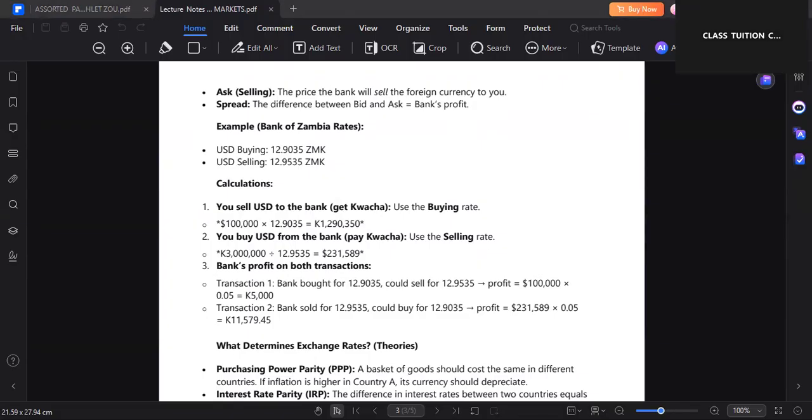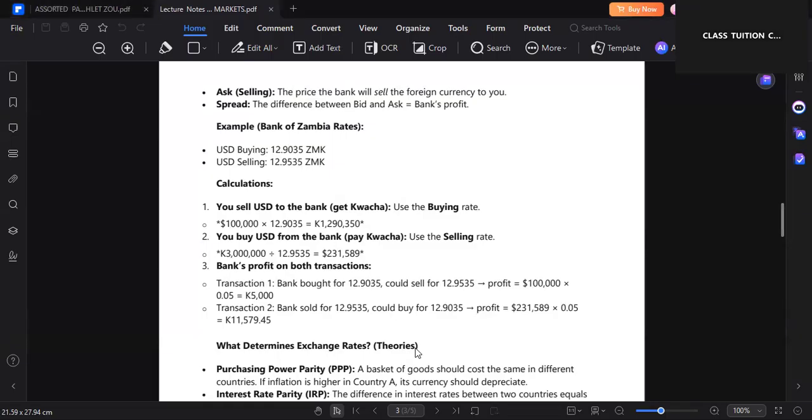Suppose you need to buy US dollars for a business trip and you have 3 million kwacha. You are buying dollars from the bank, so you're going to use the selling rate. The selling rate is 12.9535.